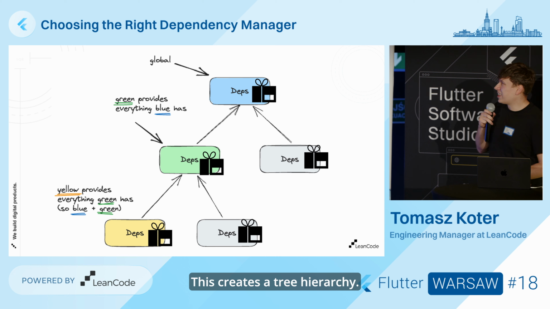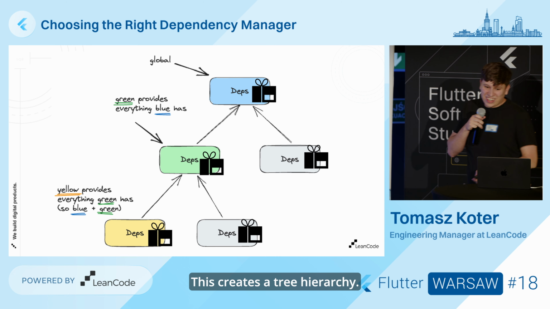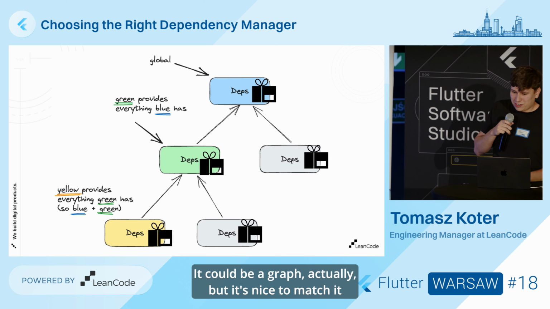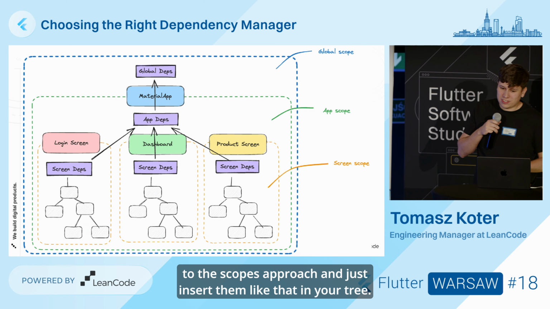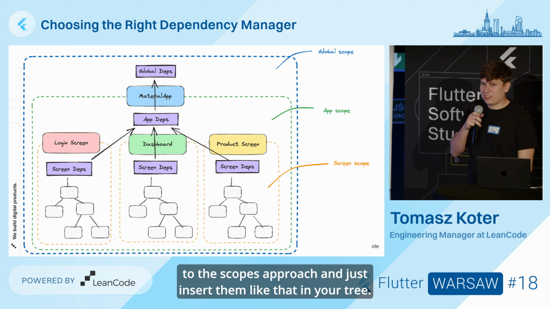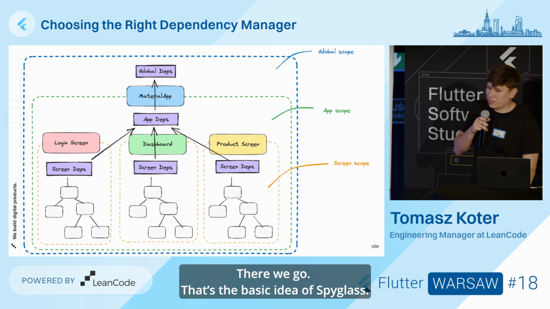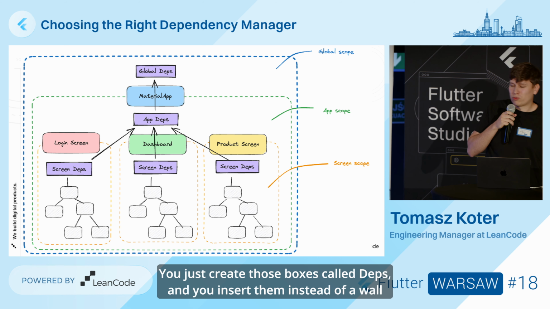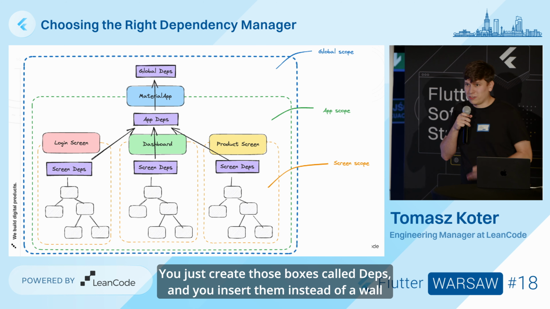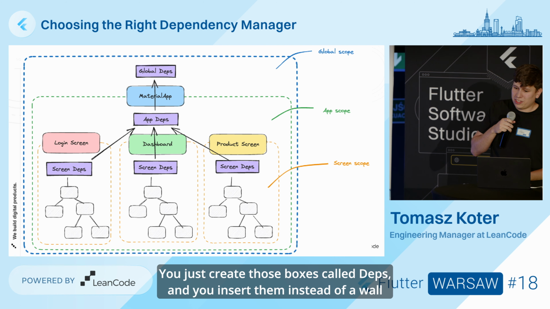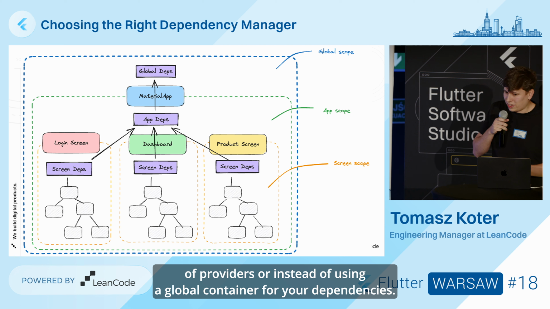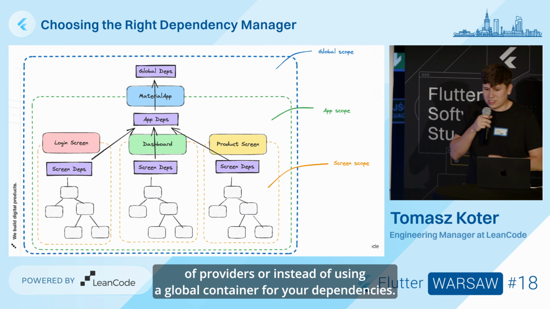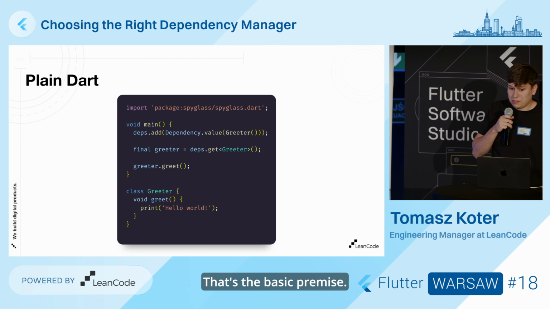This creates a tree-like hierarchy. It could be a graph actually, but it's nice to match it to the scopes approach and insert them in your tree. So there we go. That's the basic idea of SpyGlass. You just create those boxes called deps, and you insert them instead of a wall of providers, or instead of using a global container for your dependencies. That's the basic premise.